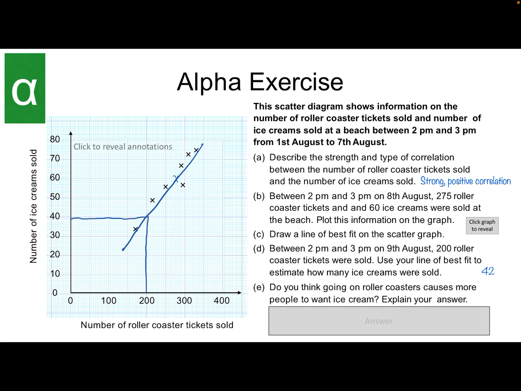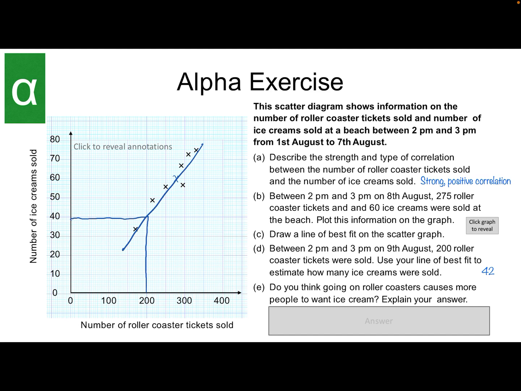What it might be the case of is that the more people there are at the roller coaster, the more people there are buying ice creams, just because you tend to be able to buy ice creams at a place where you can go on a roller coaster. Okay, must understand that correlation does not imply causation.